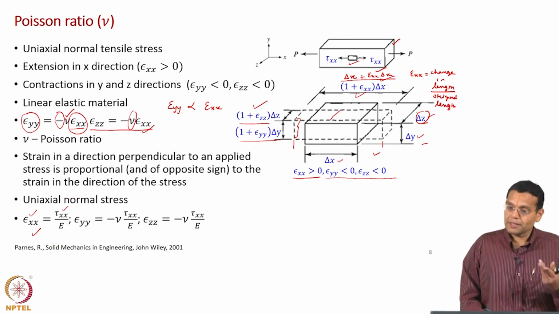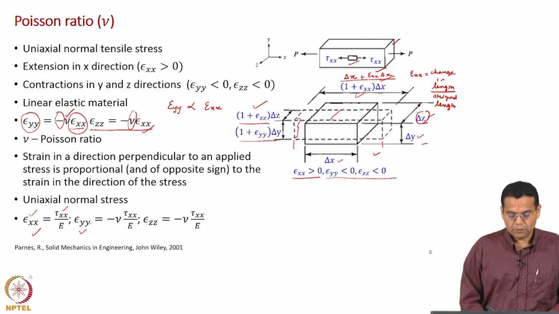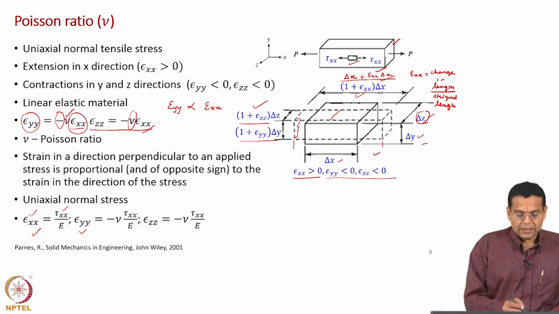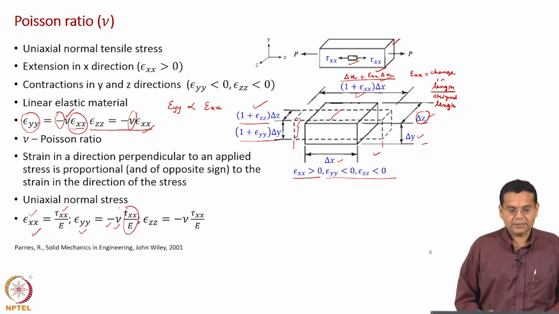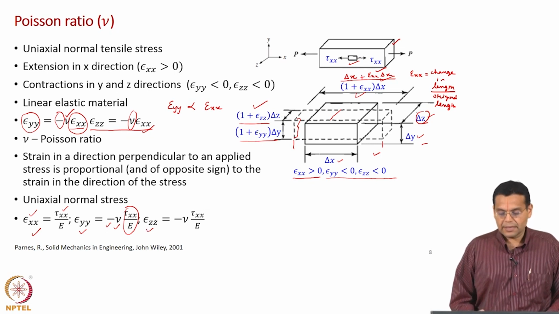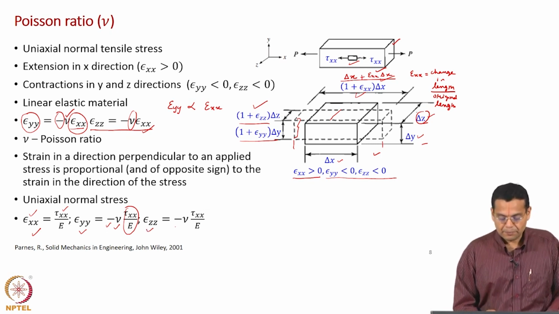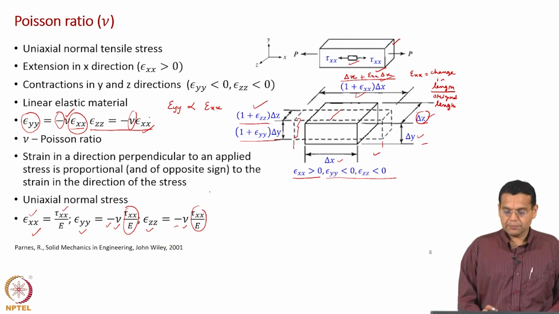Now, there are two perpendicular directions. So, the normal strain along the y direction is minus nu times epsilon xx. So, minus nu epsilon xx, where epsilon xx is tau xx by E. Similarly, you can write for the z direction, which is another perpendicular direction. So, strain in the z direction is equal to minus nu into epsilon xx, and epsilon xx is tau xx by E. Okay.